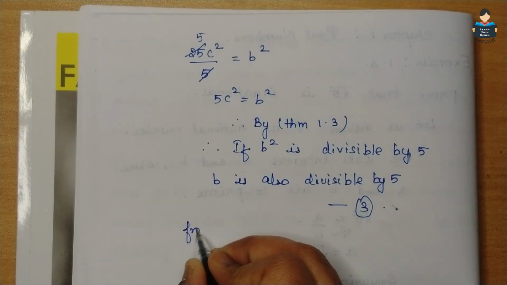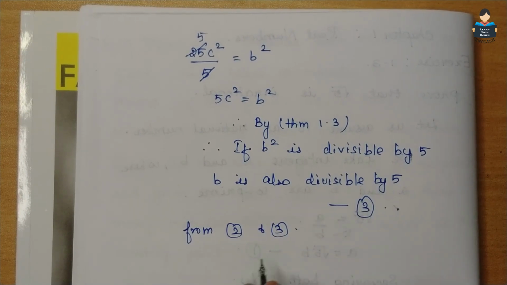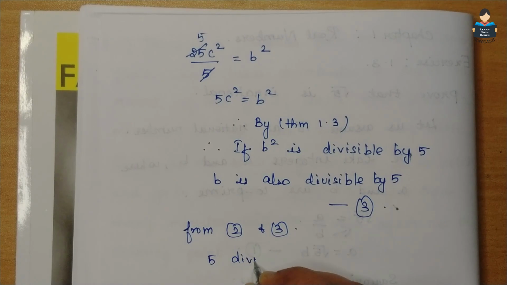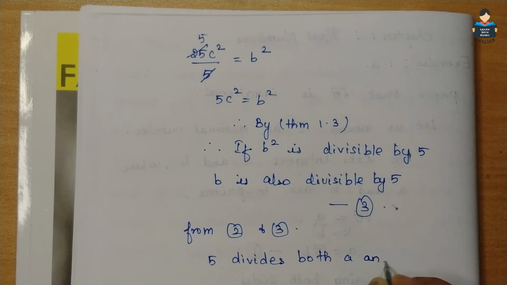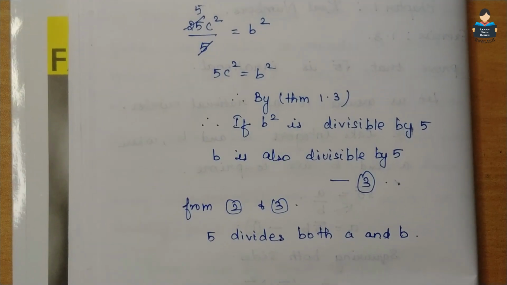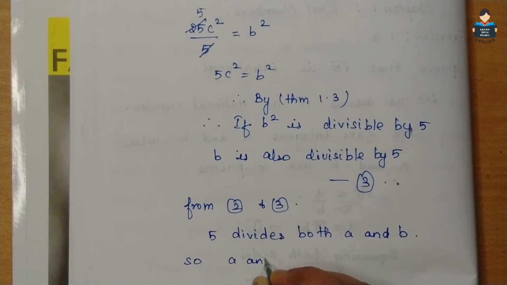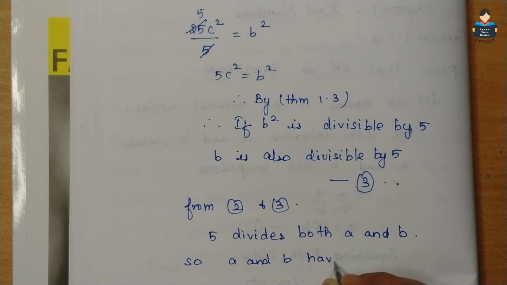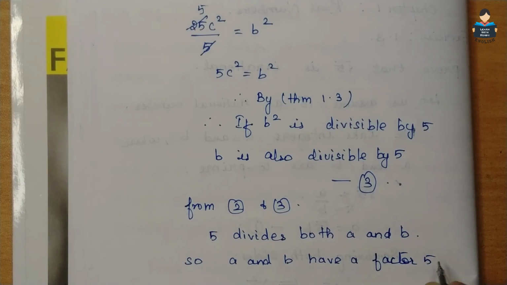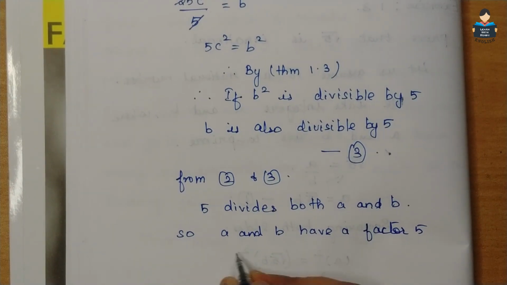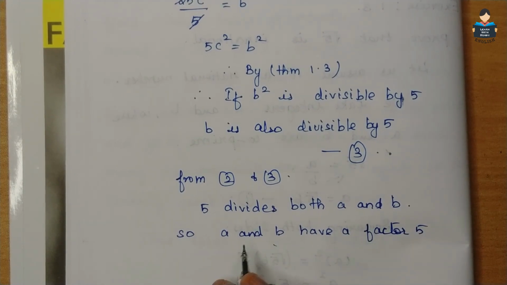So from statements 2 and 3, I can say that 5 divides both A and B. So A and B have a factor 5. So we can say the HCF of A and B is 5.